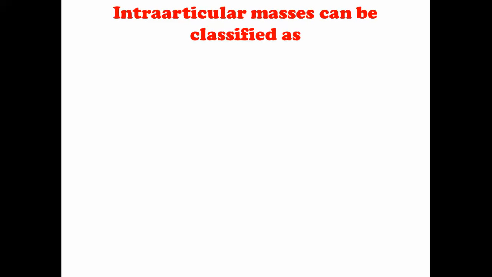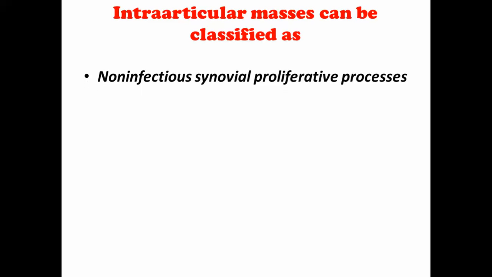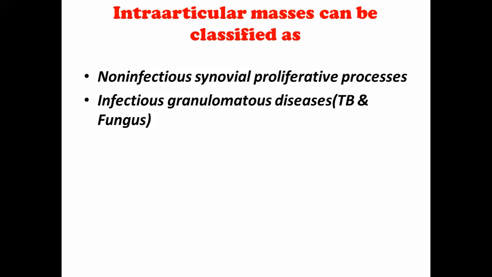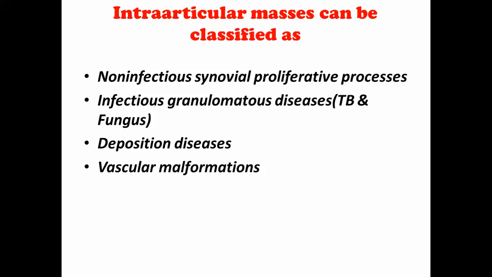Intra-articular masses can be classified as non-infectious proliferation of the synovium, infectious granulomatous disease as TB and fungus, or deposition disease. These are the main three. Vascular malformation is rather another possibility, but rare.